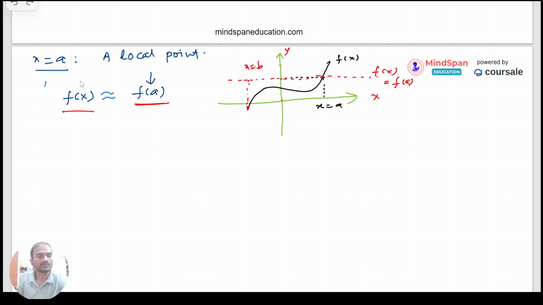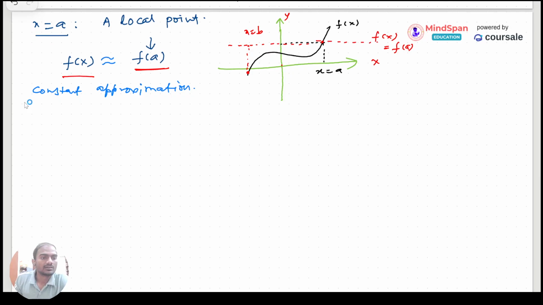Let me write below: constant approximation. Now, second, what we are going to do, we are going to improve this, and that will be called linear approximation.